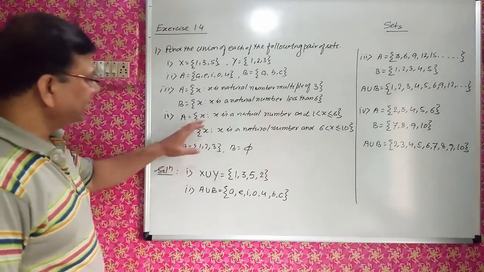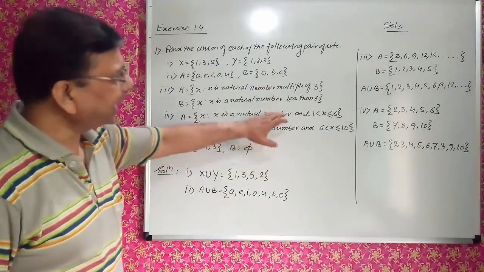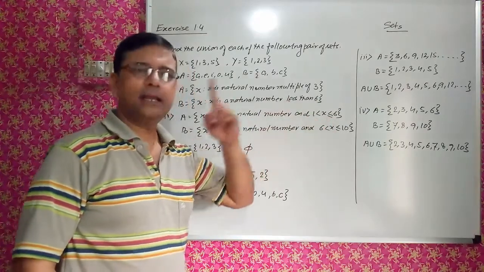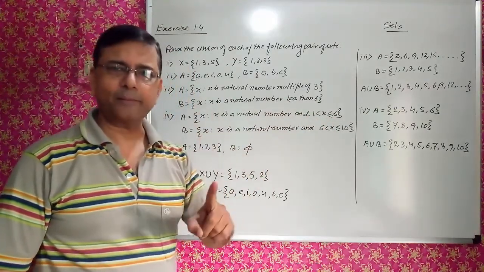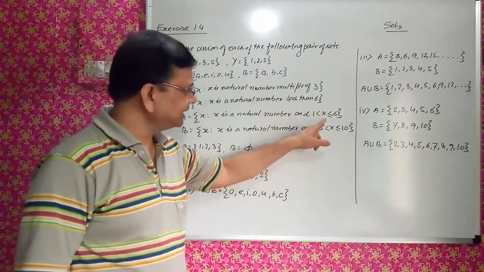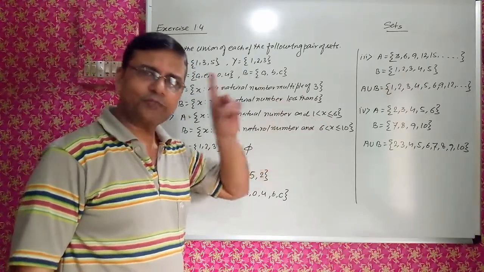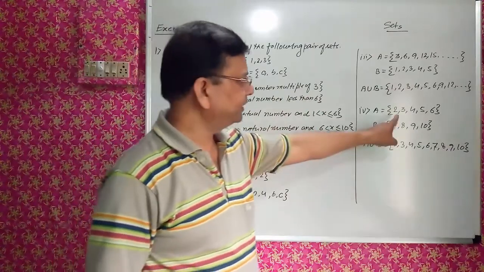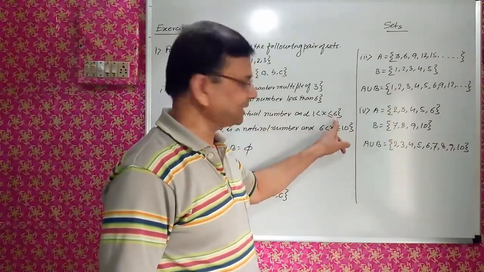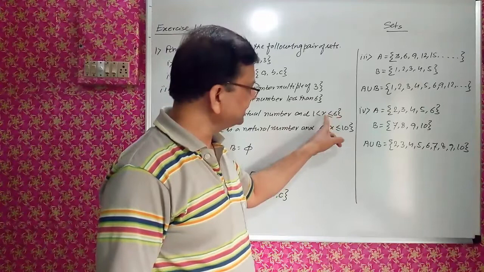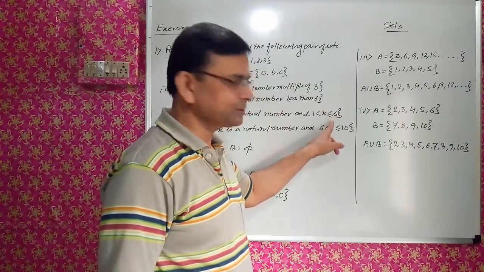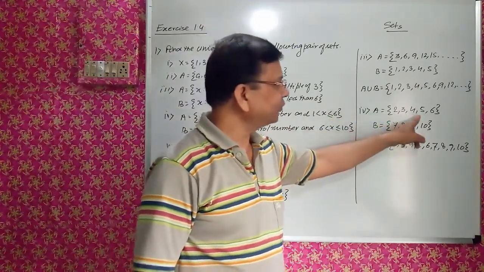Concept is clear? X is a natural number and this is the condition. Natural number starts from 1. But the condition is this. Okay, X is not 1. It is greater than 1. The first number will be 2. And it will go up to 6. Why? Because X is less than or equal to 6. So 2, 3, 4, 5, 6.